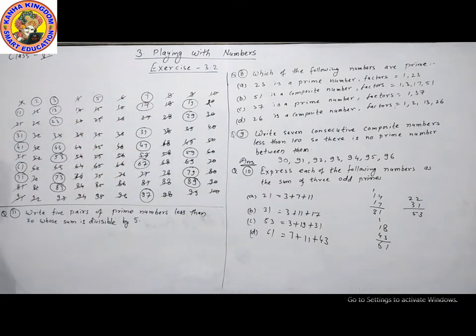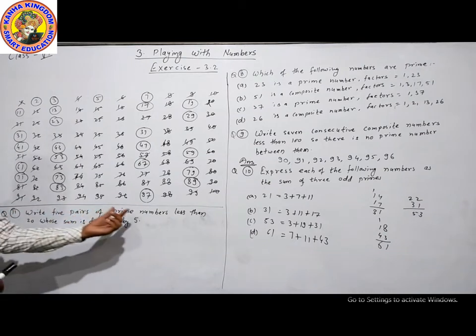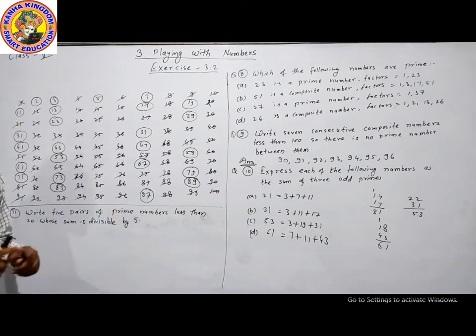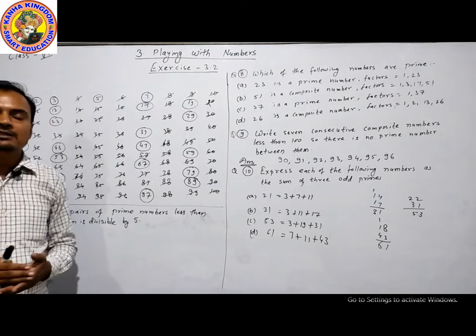Now our question number 11. Write 5 pairs of prime numbers less than 20 whose sum is divisible by 5. We have to find two prime numbers whose addition can be divided by 5. Which number can be divided by 5?